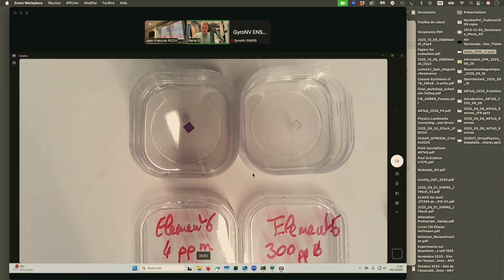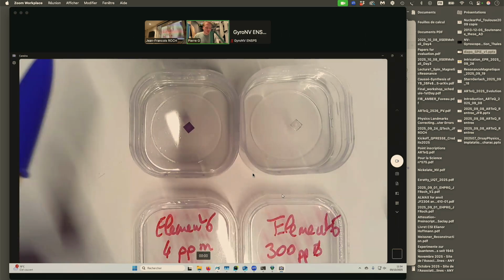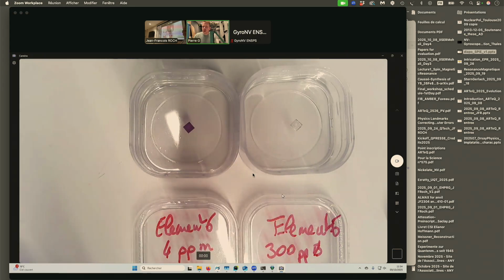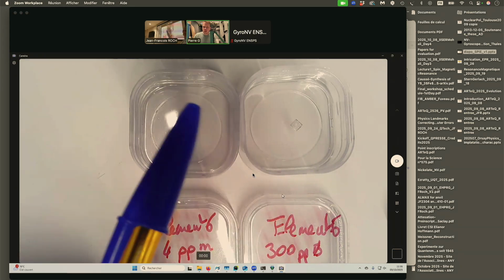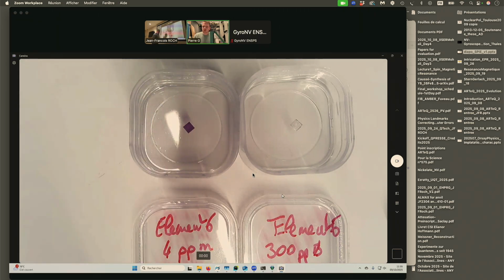You have two diamonds from the same manufacturer, and this one is something like 10 times less dense in NV centers than that one. As you can see, NV diamonds are really pink. The concentration here is 300 parts per billion, so it's barely transparent. You don't see anything. Those are highly doped, 4 ppm, and have this nice pink color, which is specific to NV centers when highly concentrated.